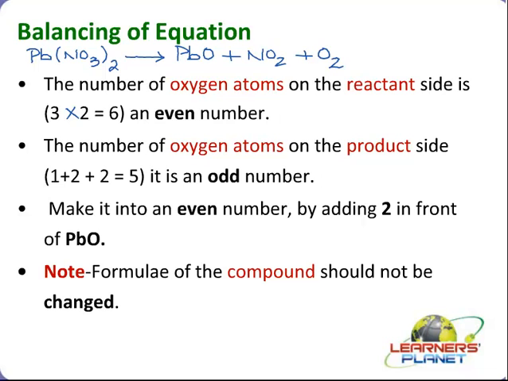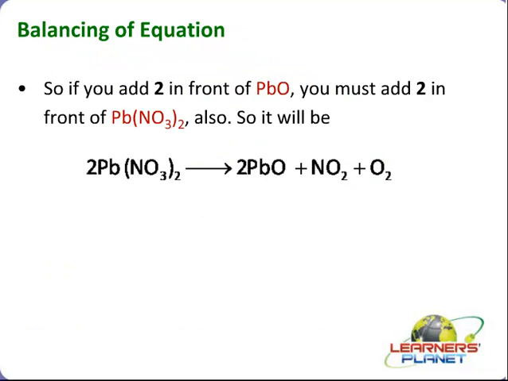Now students, if I am adding 2 in front of PbO, my equation will become Pb(NO3) twice gives 2 PbO plus NO2 plus oxygen.